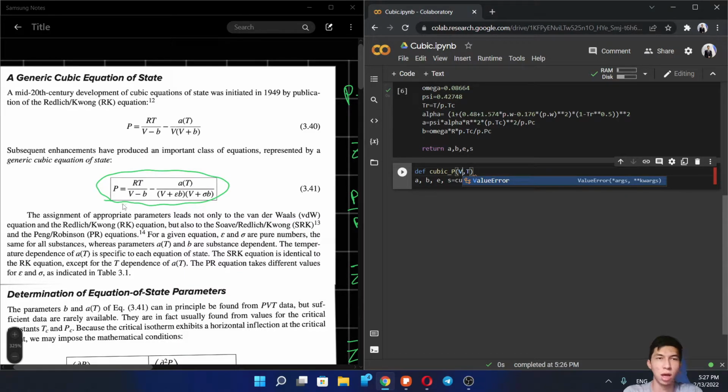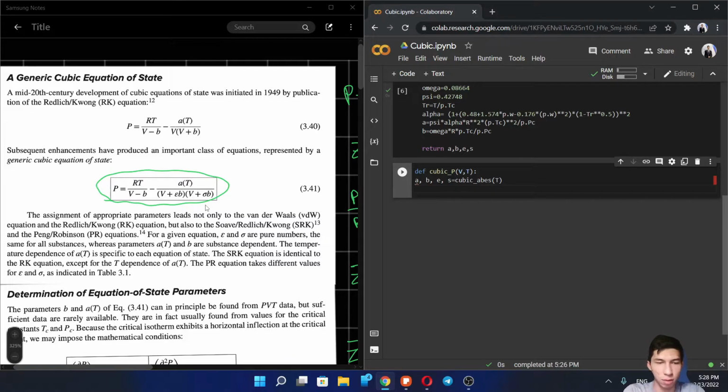This generic cubic equation of state is dependent only on the temperature and volume that are going to be our inputs, and all the other variables, R is a constant, and A, B, epsilon, and sigma are parameters which we already determined. So we're missing a colon here, right?